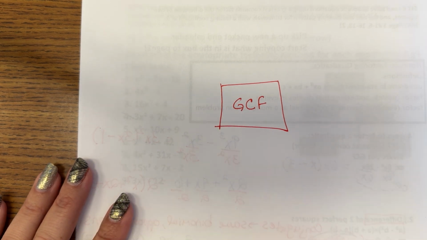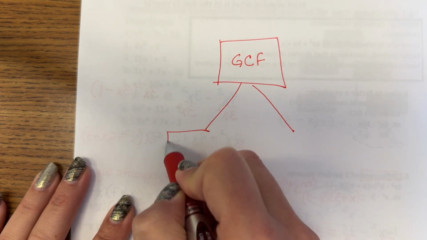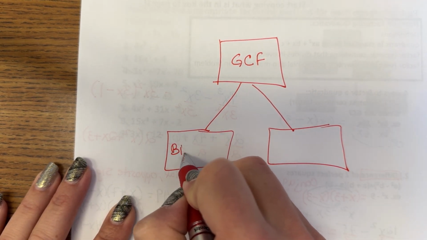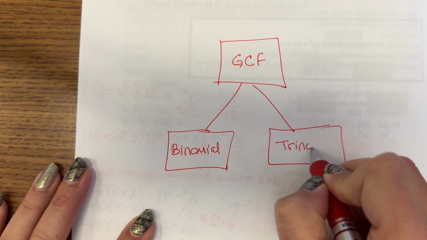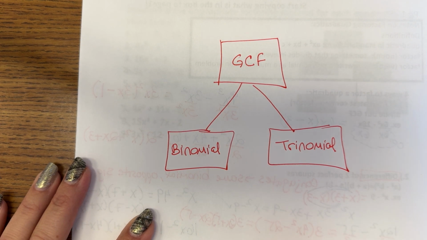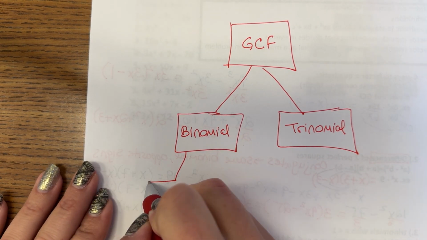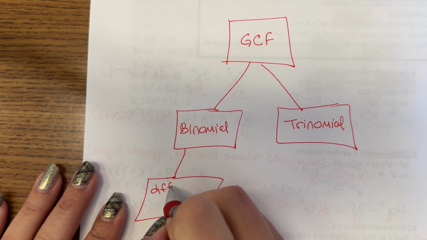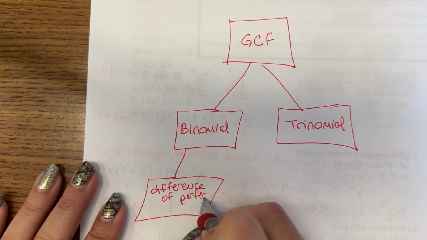If there is, you're going to factor it out. Then we analyze our equation further, and is it a binomial, which is 2 terms, or trinomial, which is 3 terms? If it's a binomial, one method we talked about today was difference of perfect squares.